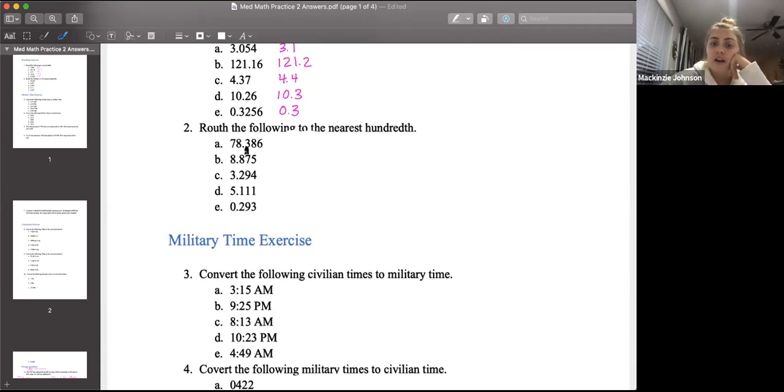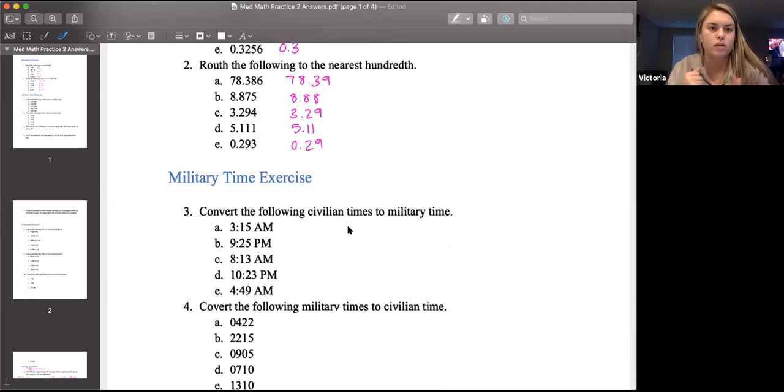Since 6 is above 5, it's going to be 78.39. 8.875 is going to turn into 8.88 because it's 5, right? 3.294 is just going to stay 3.29 because 4 is below 5. This one is just going to stay 5.11. And this one is 0.293, so since 3 is below 5, it's just going to stay at 0.29.